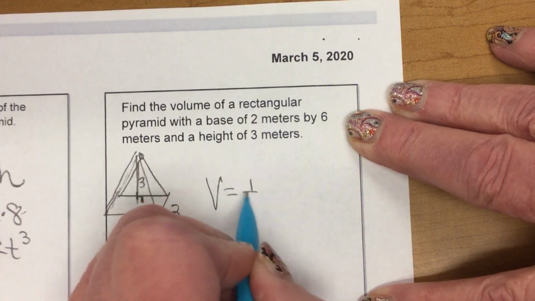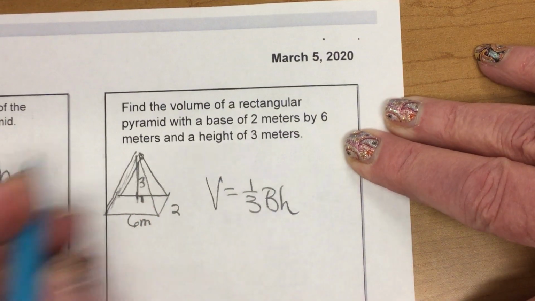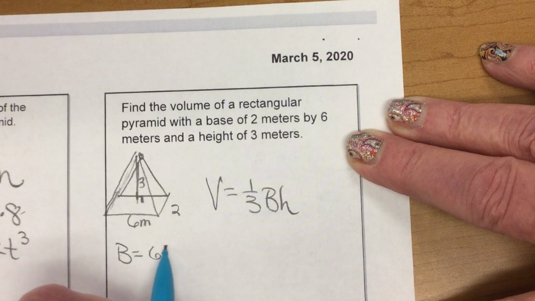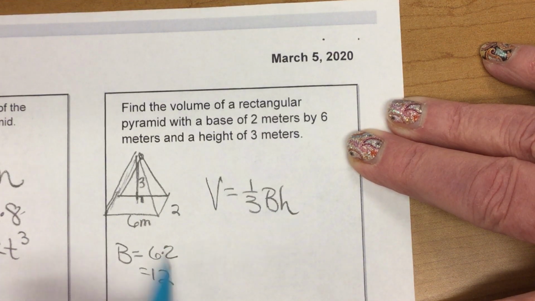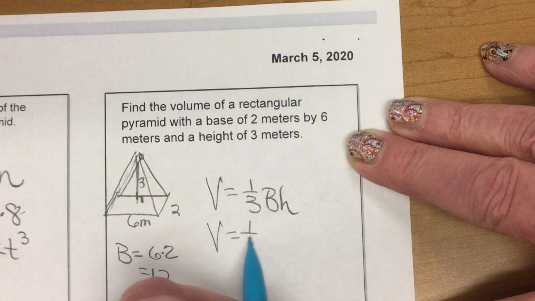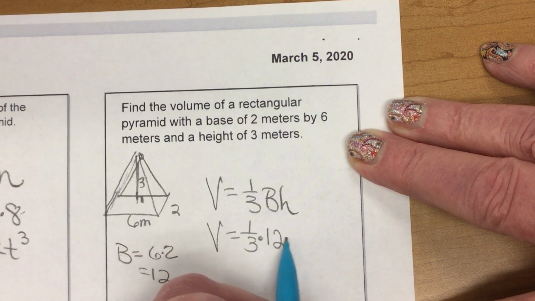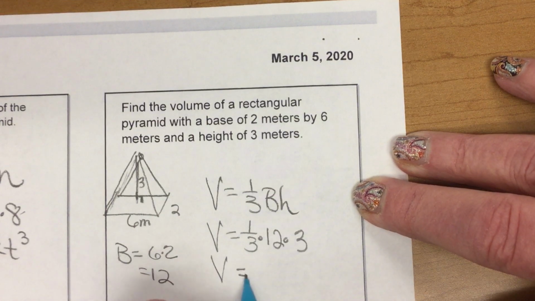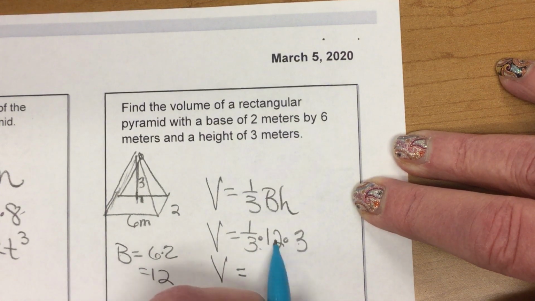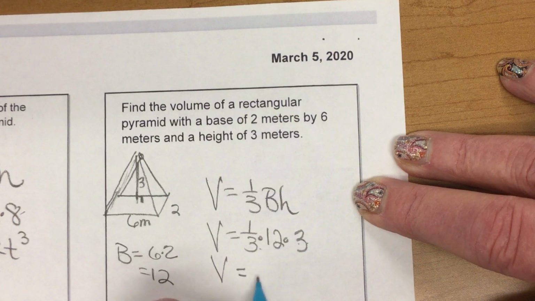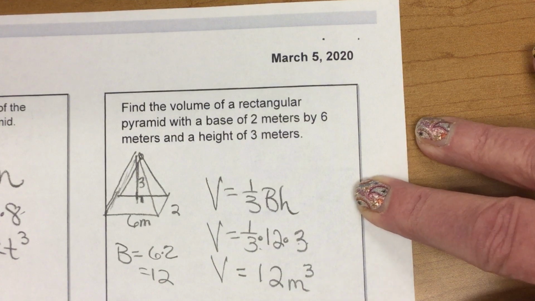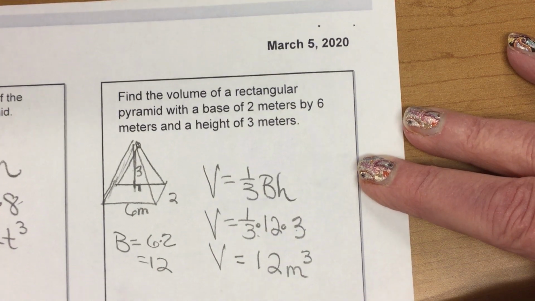Volume is 1/3 capital BH. Area of the base, it's a rectangle. Length times width, 12. So volume is 1/3 times 12 times a height of 3. Volume is 3 goes into 12, 4 times 3, 12, labeled meters cubed. I kind of like that one too.